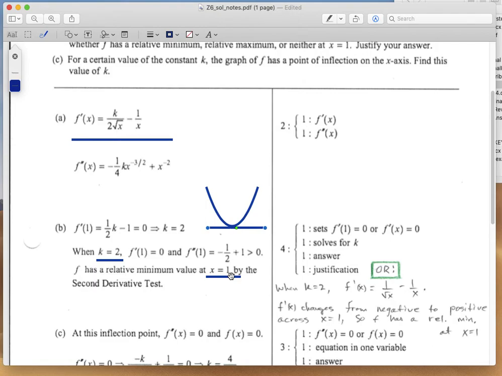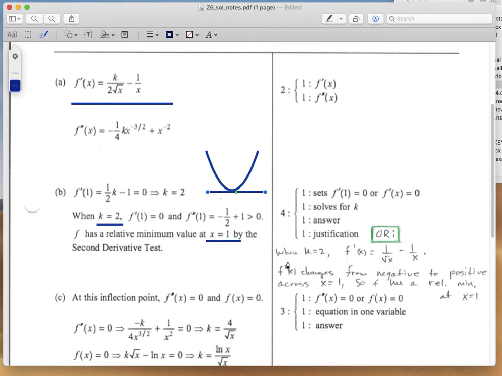You guys are probably more used to justifying this by the first derivative test, which is perfectly valid to do. It's a little bit harder, but it's not terrible. When k equals 2, f prime equals this. So this is just this derivative with k equals 2. And you can say that f prime of x changes from negative to positive across x equal 1.